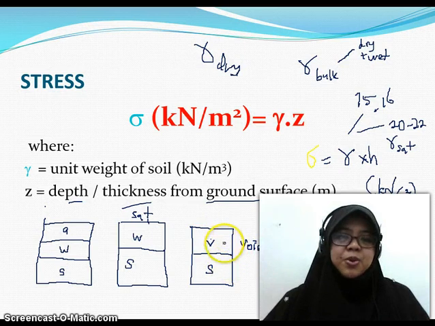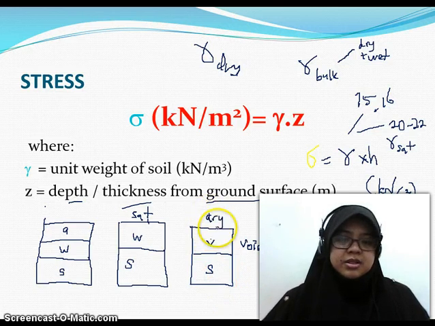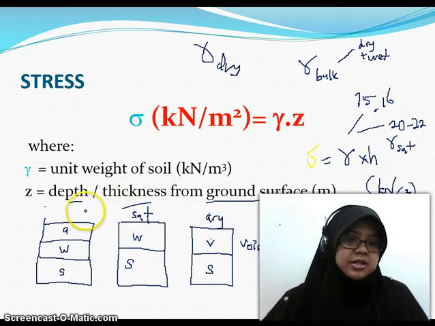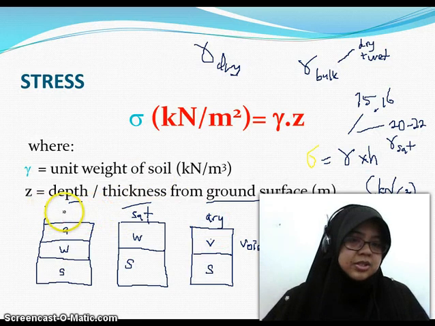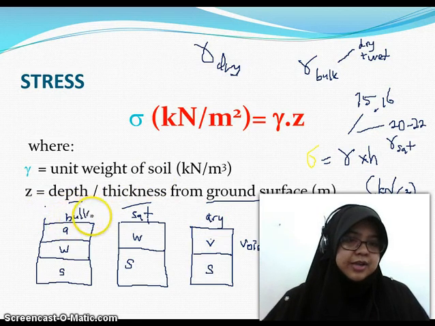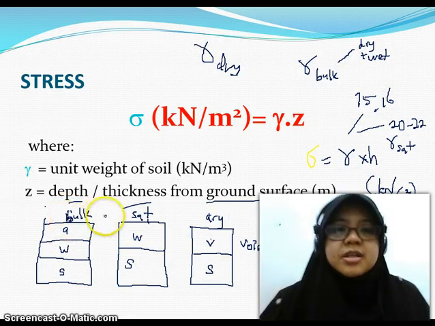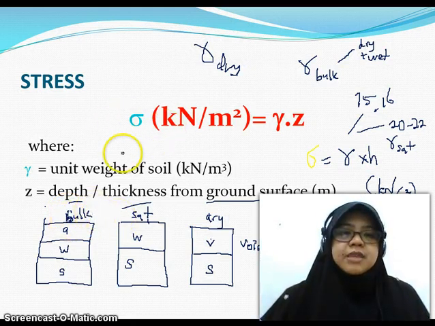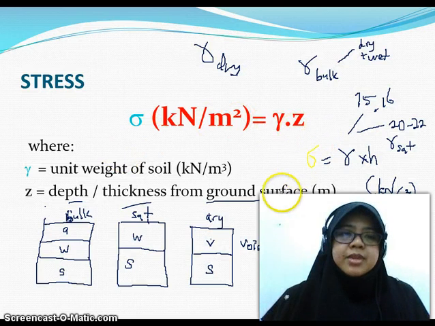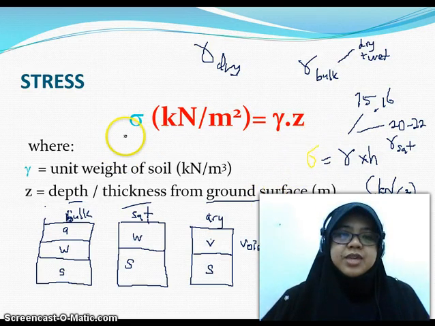In Malay, there are a lot of lompong, meaning air pores, a lot of voids. So this is the dry condition, and this one is the bulk condition, the normal three-phase diagram. So those are a few types of gamma, and they will lead to different values of stress.